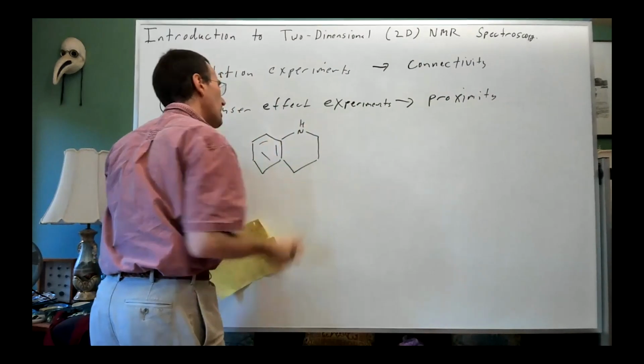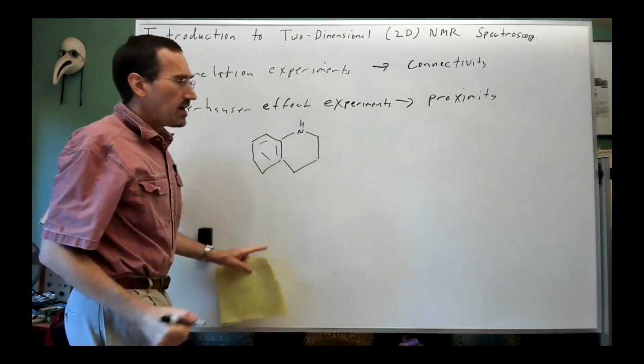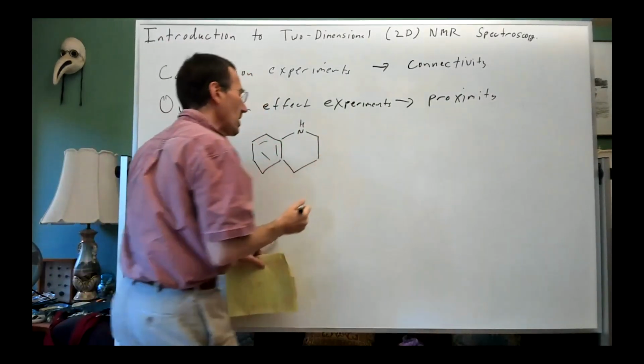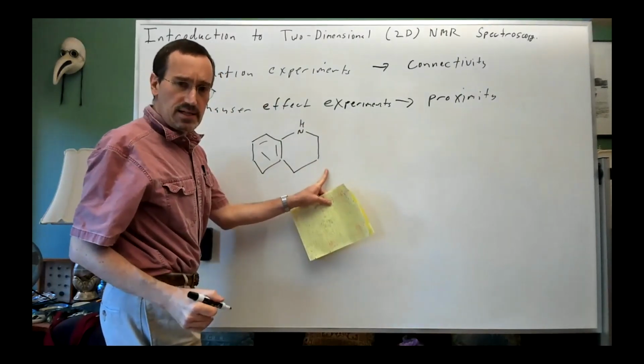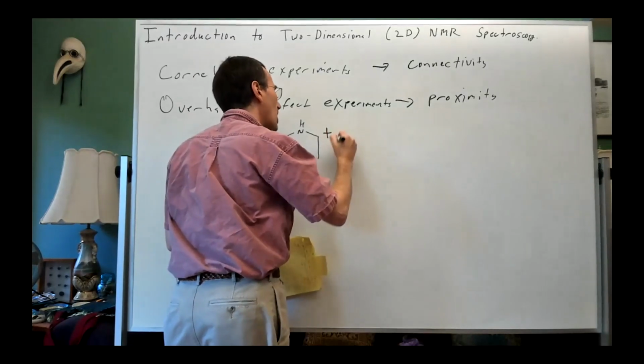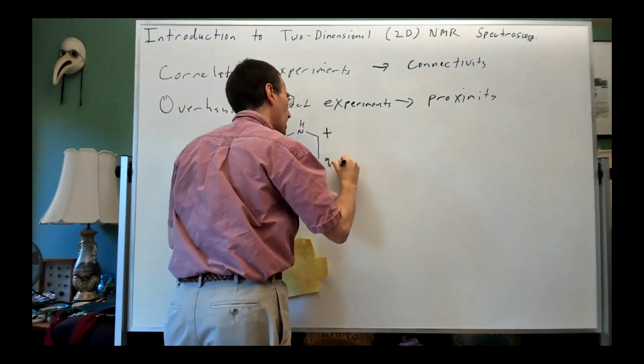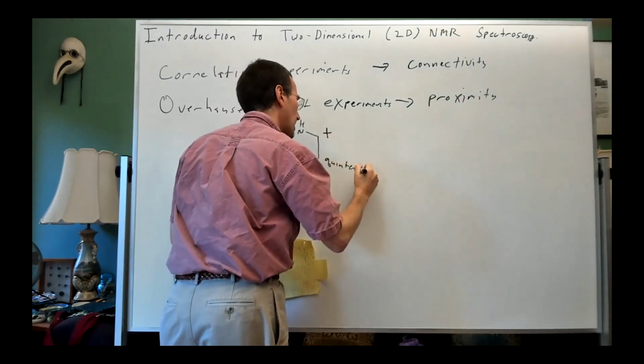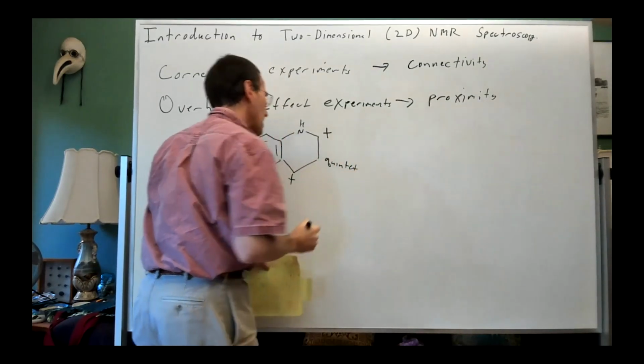Tetrahydroisoquinoline as an example. And we saw that there were 3 sets of resonances in the aliphatic region. We saw a triplet, a quintet, and another triplet.